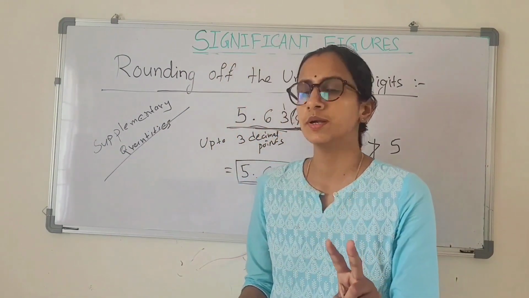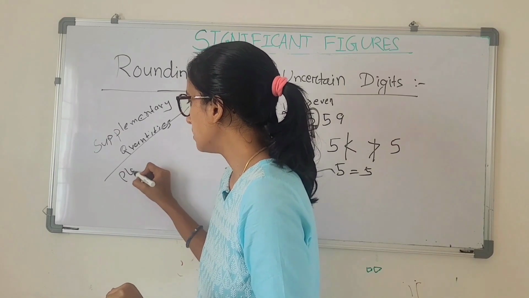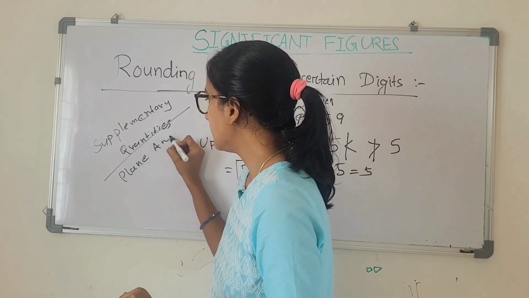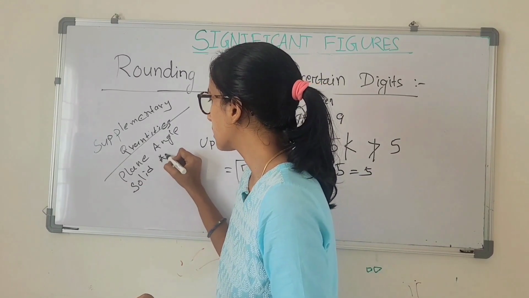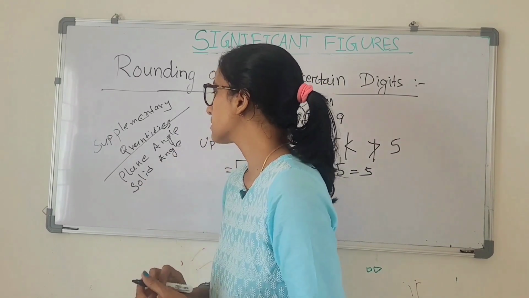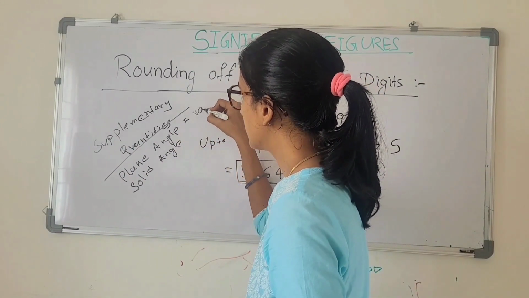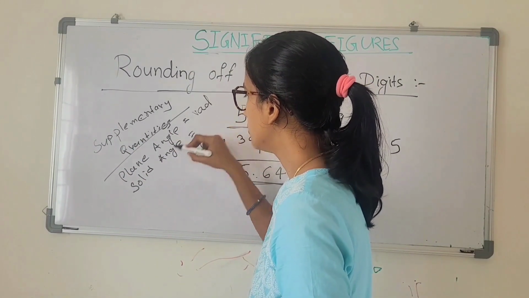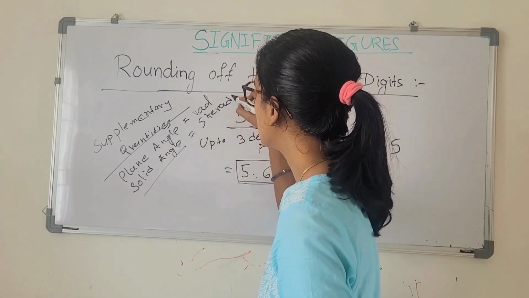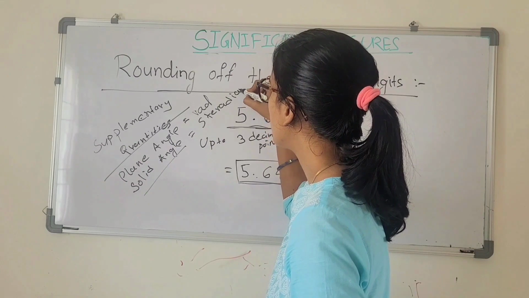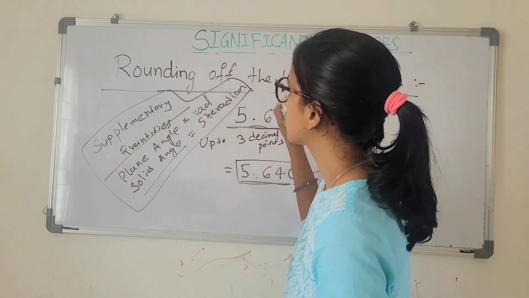We have two supplementary quantities, plane angle and solid angle. The unit of plane angle is radian, and the unit of solid angle is steradian. I forgot to mention these two in my last class.